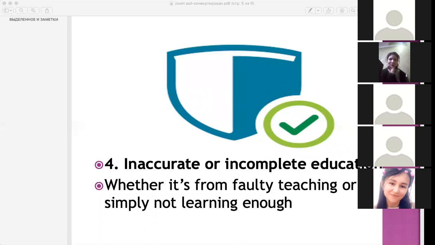Well, I came across faulty teaching when I was at school, and I think it can influence the process of our learning really badly.